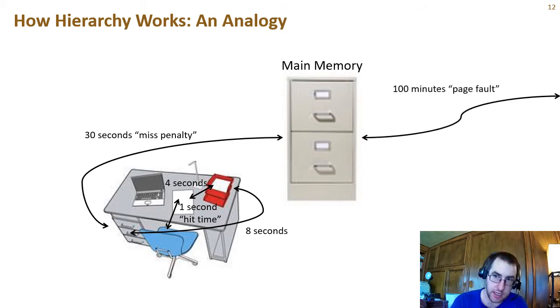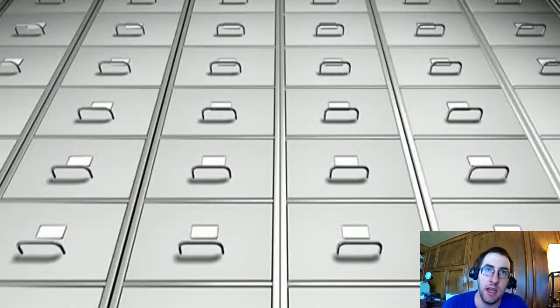It doesn't stop there. In a computer, we've got to have some kind of durable storage. For really important documents, we want to have some durable storage for them as well. We don't want to lose them accidentally, and if we run out of room in our little filing cabinet there, we've got to have somewhere else to go. And so it's going to take me 100 minutes to move paper back and forth between my main memory and my long-term storage.